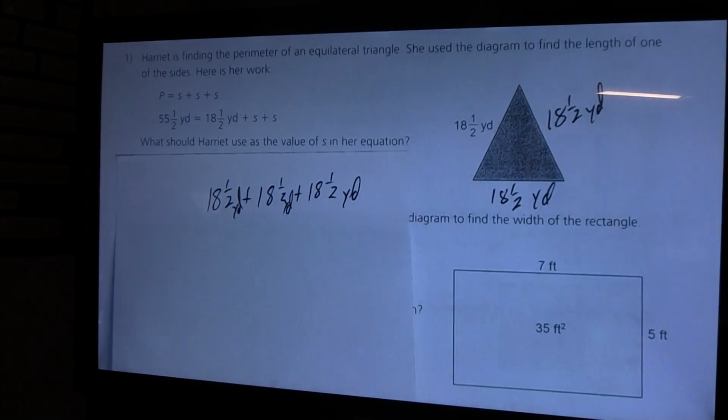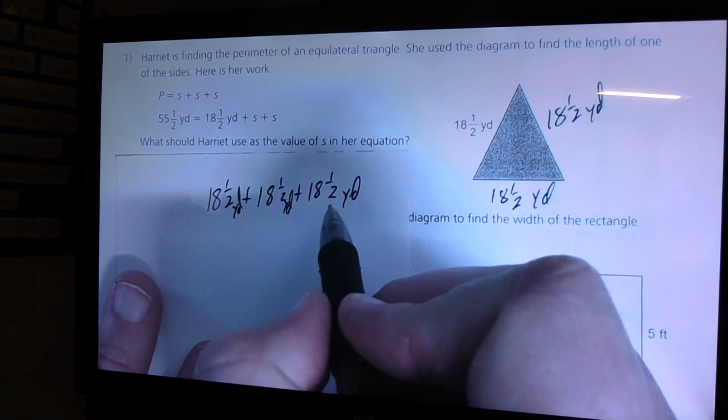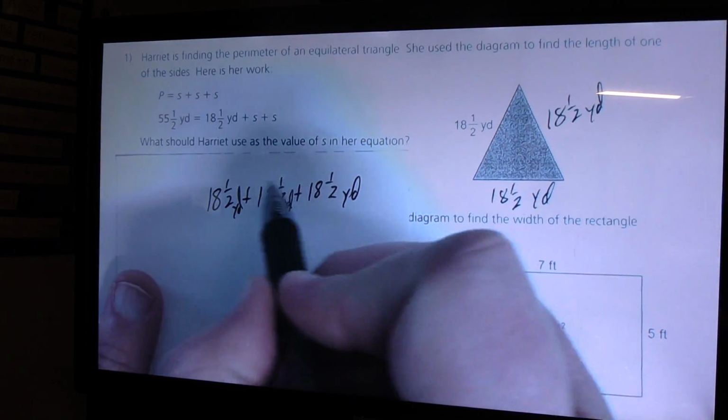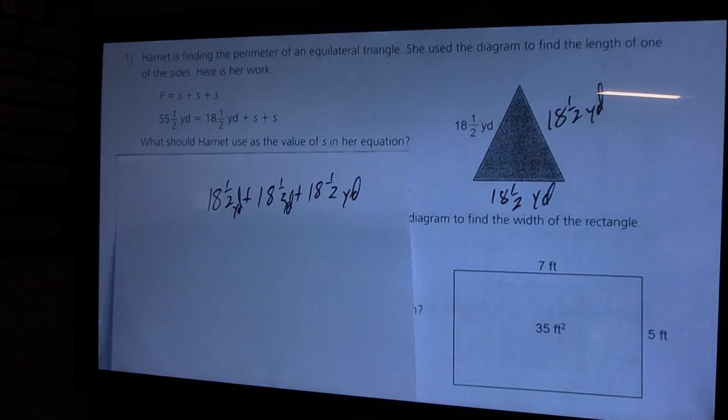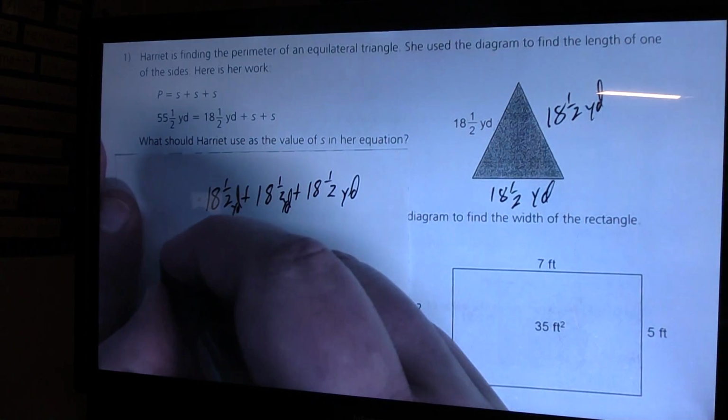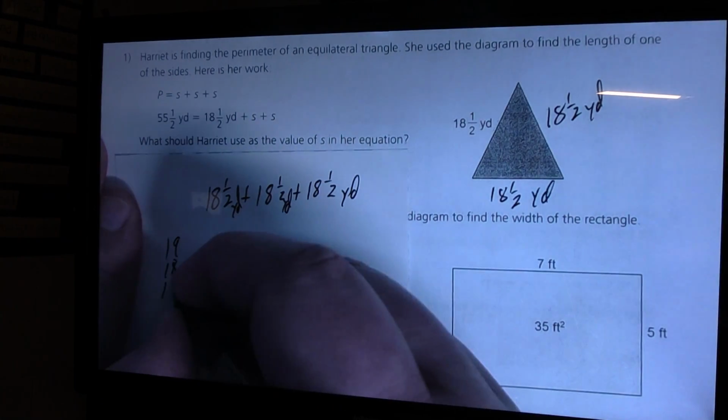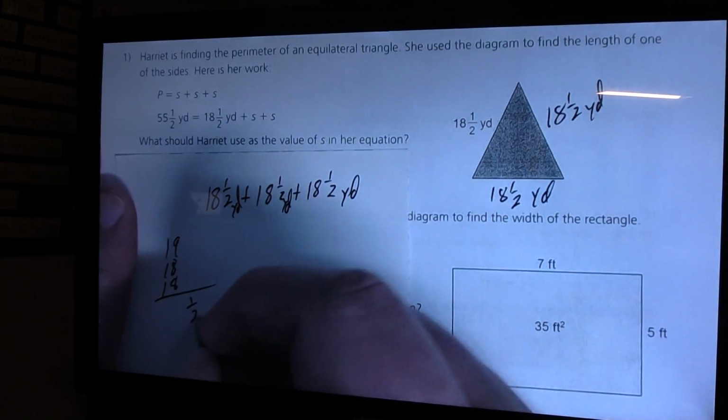Now, I'm going to do this one kind of mentally, just to prove that it will equal 55.5 yards. I'm going to first focus on my halves. Here I have 1, 2, 3 halves. 3 halves is the equivalent of a whole and a half, 1 1/2. So I'm going to say 19, then 18, then 18, and I'm going to put my half here.